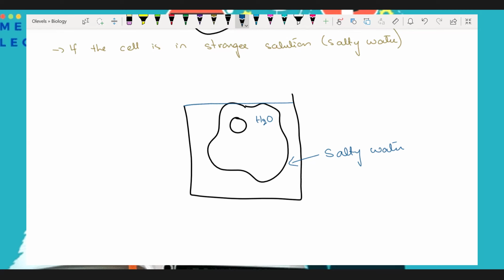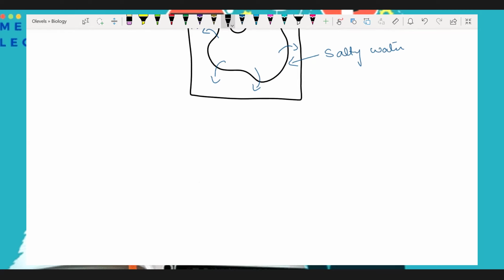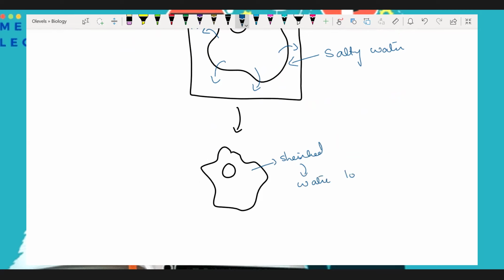In this case, what is going to happen? Then the water molecules will start leaving the cell. And eventually there will be a time when, due to too much water loss, the cell will shrink. Yes, that is because of water loss that happened because of osmosis.